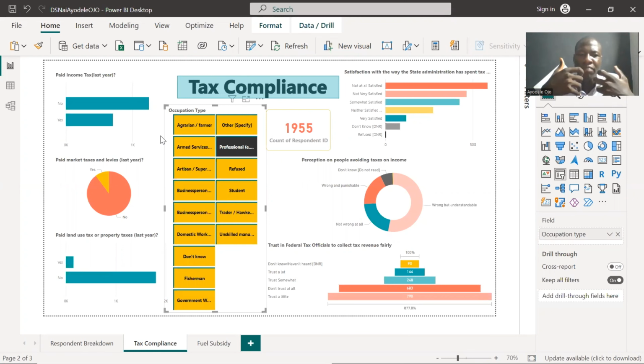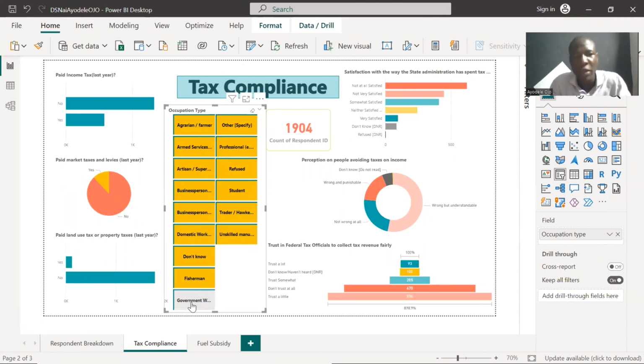I observe that the professionals, those who are teachers, those who are doctors, and then government workers. Let me just select government workers. We also have, you observe, that the number increased compared to what we are having for everyone initially.